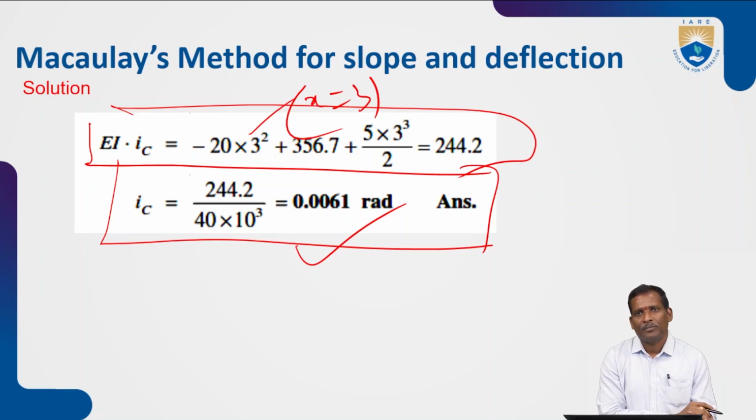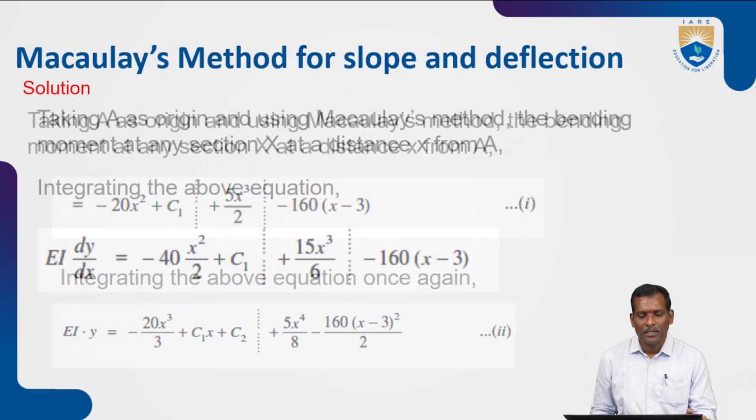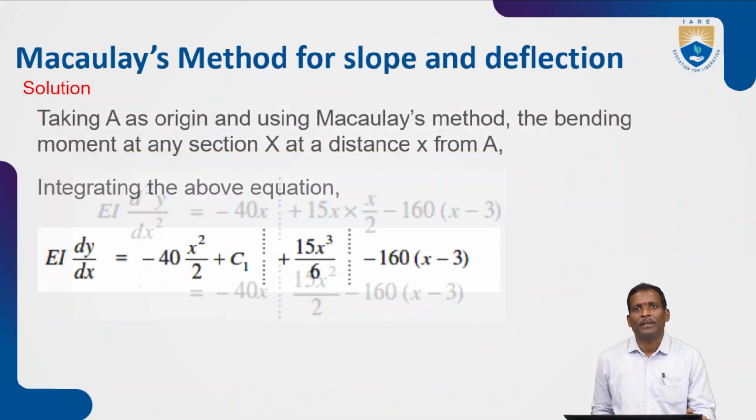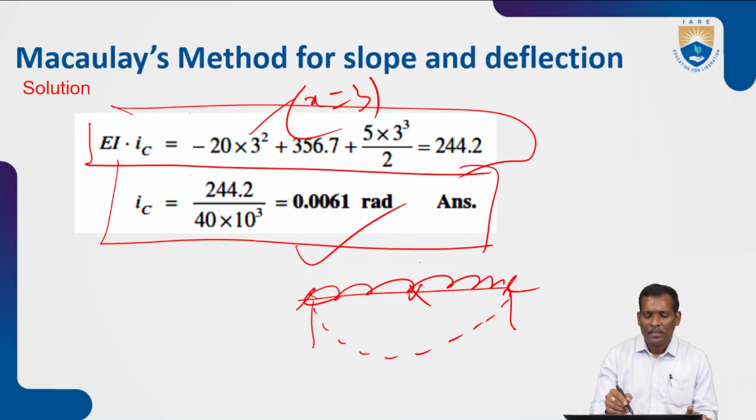So the simply supported beam, UDL is acting here. Suppose the beam is bent like this. So at this point, at C, why has he asked at C? At C point there is a clockwise moment, and there are A and B. So at this point, what is the slope?